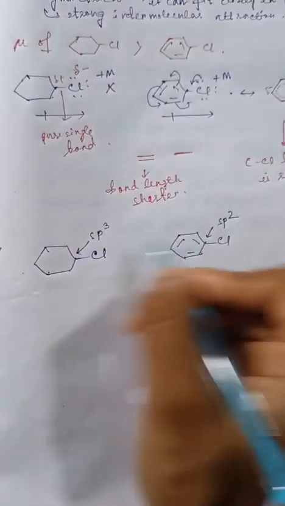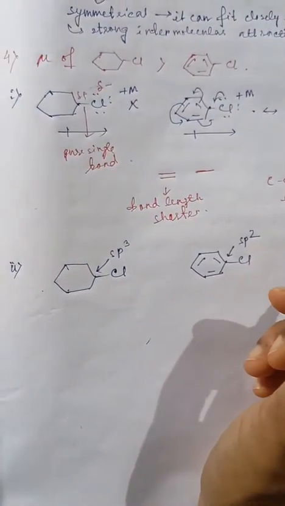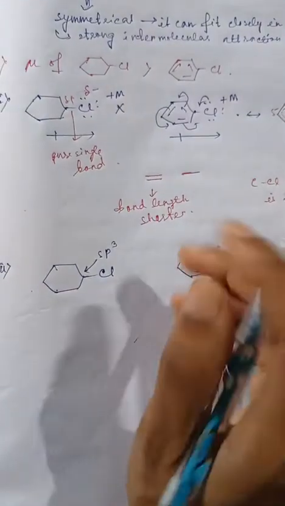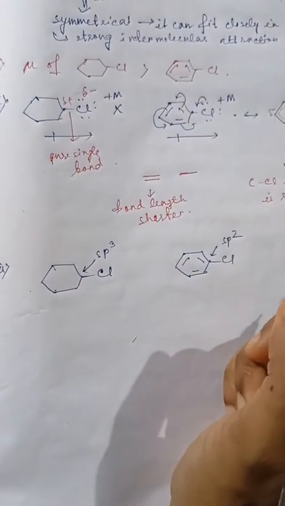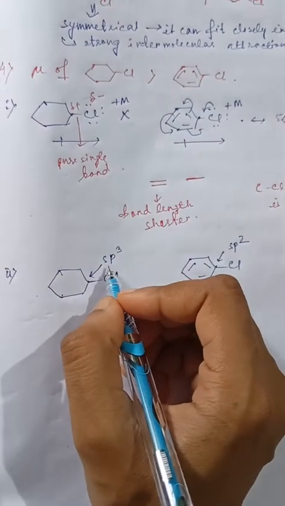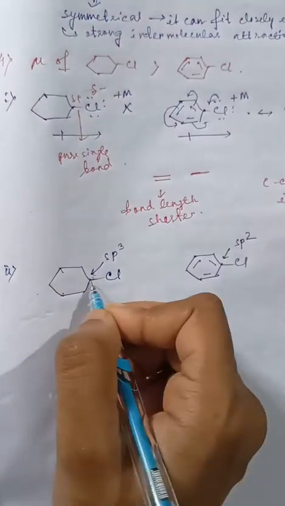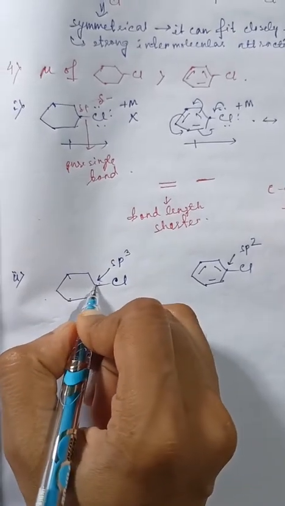Okay, so sp3 hybridized carbon means what? This is having less s character, right? Because sp3 is having 25% s character, sp2 is having 33% s character. So the sp3 carbon has less s character, less electronegative, isn't it?